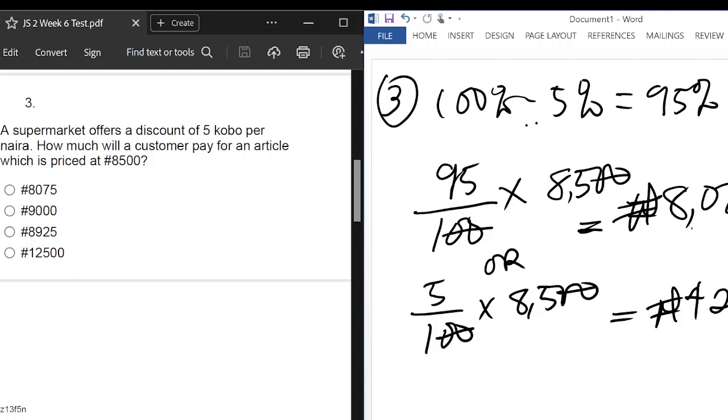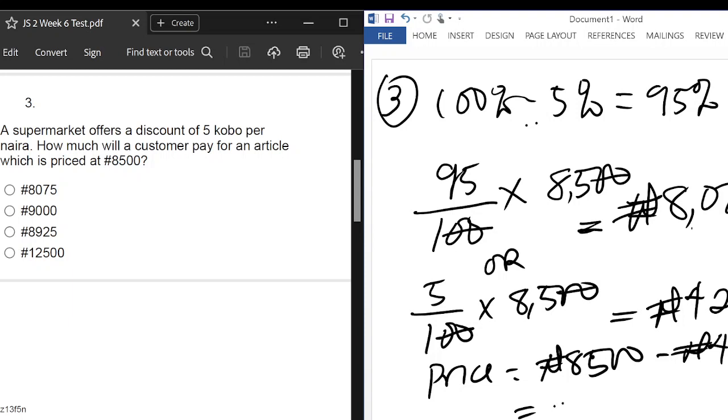So we're going to subtract. For us to get the price the customer will pay, that will be 8,500 minus 425. And that will give us the same amount we have there, 8,075. I hope this is clear.